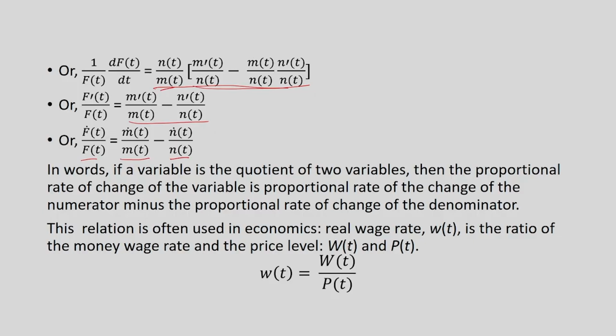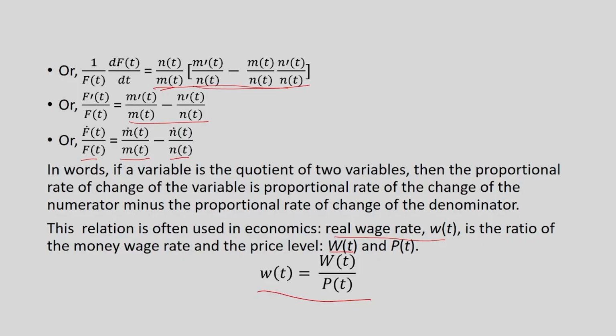So, for example, there is something called the real wage rate. Small w(t) is the ratio of the money wage rate and the price level. Suppose capital W is the money wage rate and capital P is the price level. Then the real wage rate is defined by w(t) equal to W(t) divided by P(t).